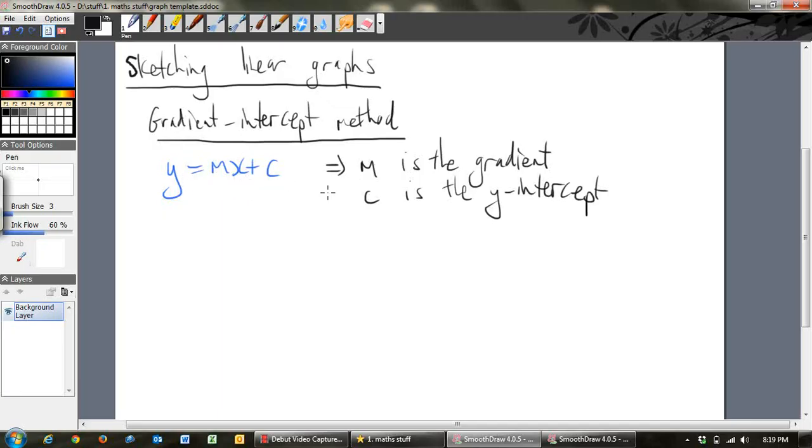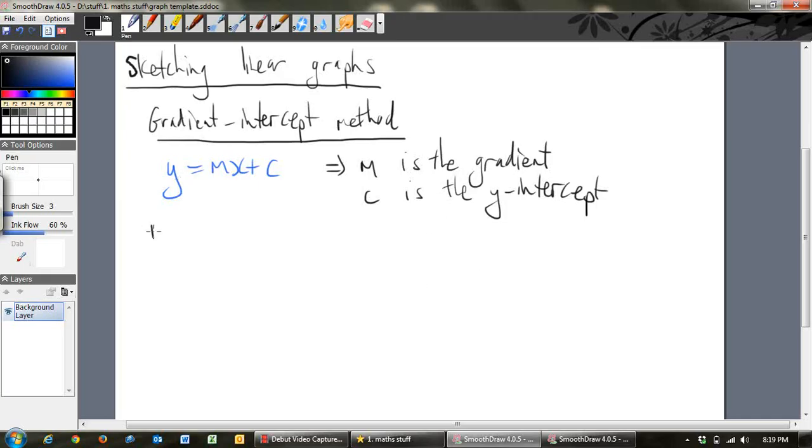So the gradient-intercept method says you look at the equation, you know the gradient and the y-intercept, you start at the y-intercept and plot that point, and then you use the rise and the run of the gradient to plot a second point on the line, and you draw a line through them.